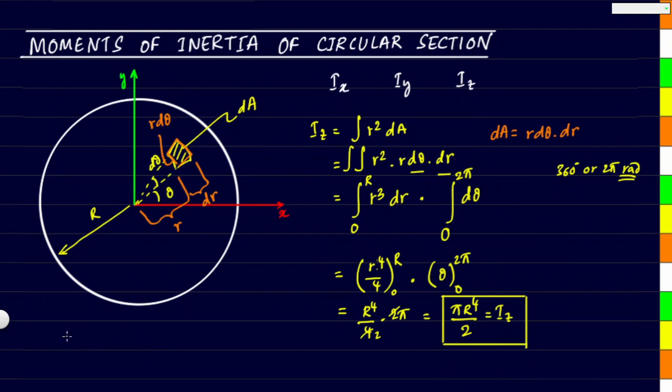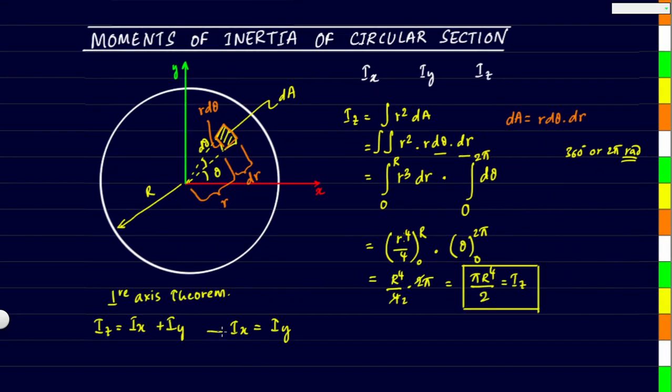Now we know from the perpendicular axis theorem that Iz is equal to Ix plus Iy, and also here in the diagram we know that because the diagram is symmetric about both x and y axis, Ix will be equal to Iy. When we substitute this into the first equation, we get Iz equals 2 times Ix, or Ix equals Iz divided by 2.